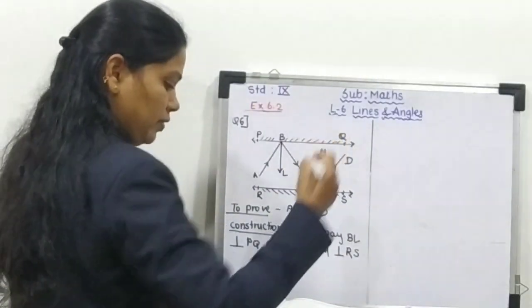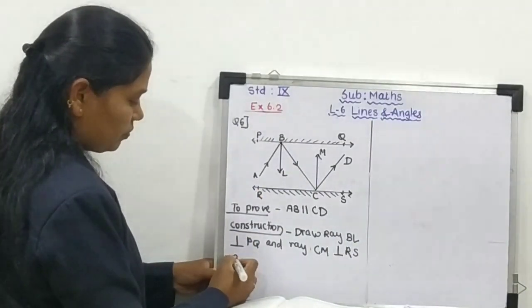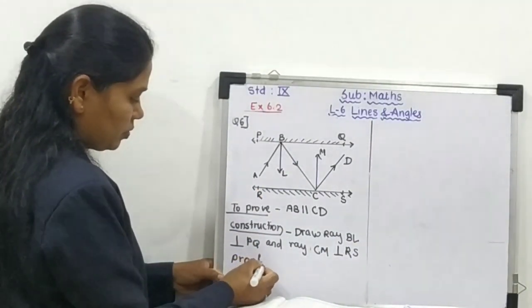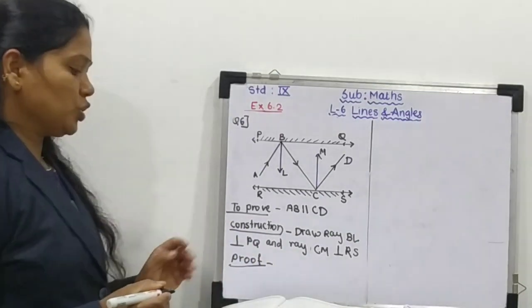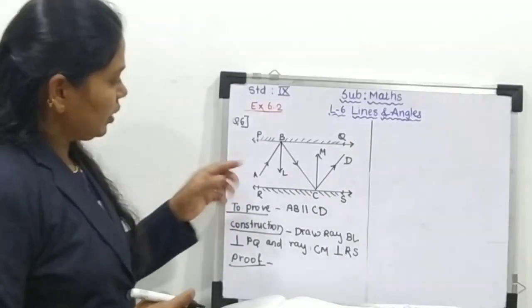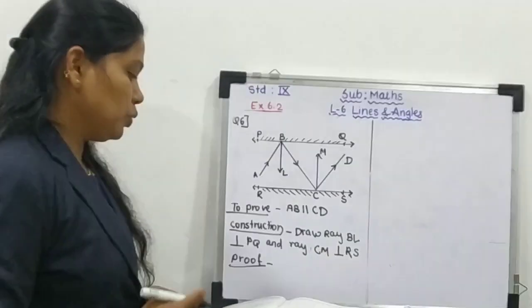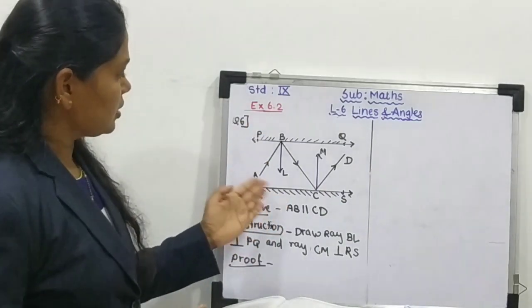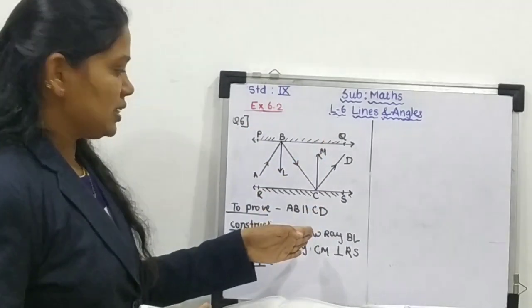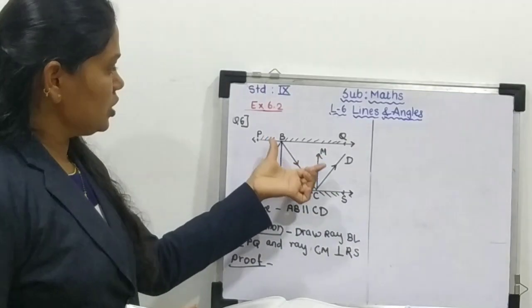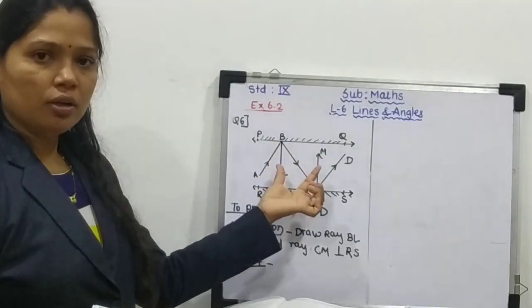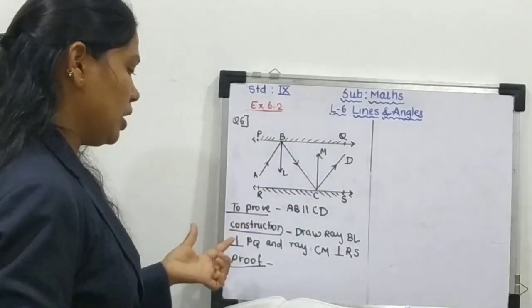Now we will start with our proof. Construction is done. Now, BL is perpendicular to PQ and CM is perpendicular to RS, right? So these two are parallel, since perpendiculars are parallel.